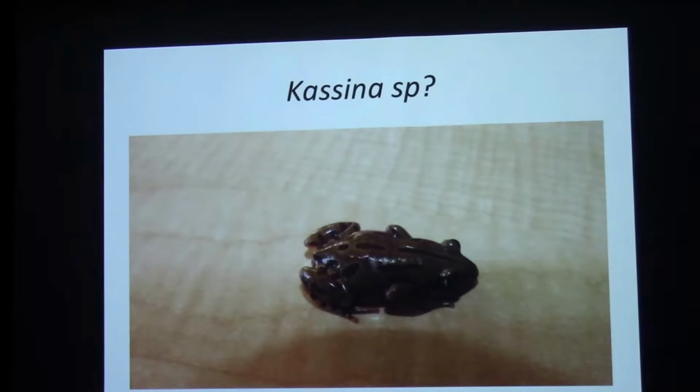There's a single Kassina that has ever been collected in Eritrea. It was caught by the Italians in 1930, one specimen, at a place called Agordat, which is in Gash-Barka, but near Keren. So I sent this picture to David Blackburn and Dan Portik. It's probably something new because the nearest known Kassina localities are in southern Ethiopia and in Kenya.